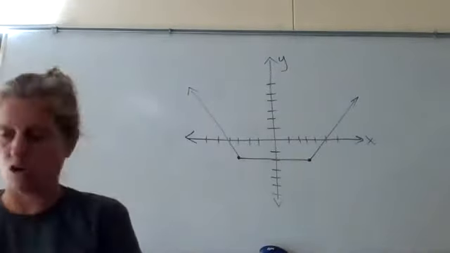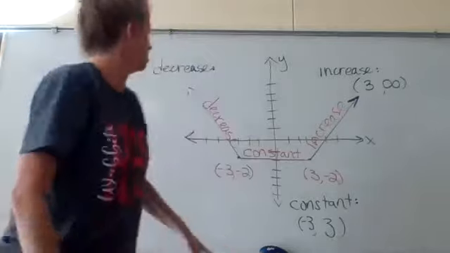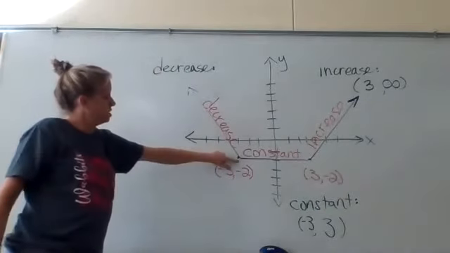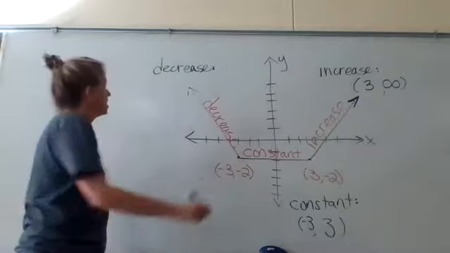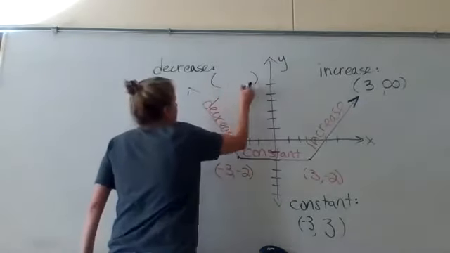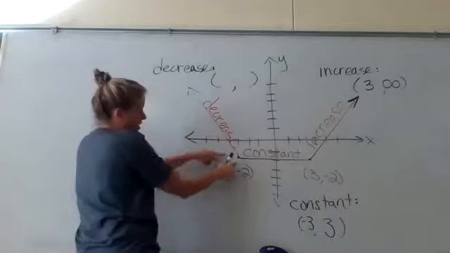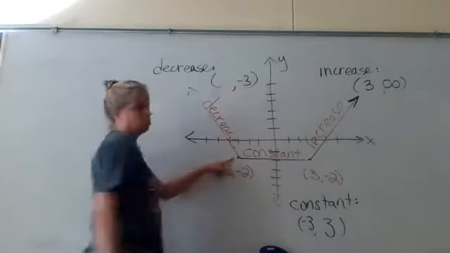The last thing it asks is, where is it decreasing? So it's decreasing from forever to the left until it gets to this point. So this point is where it stops decreasing, which means its stopping point is -3.